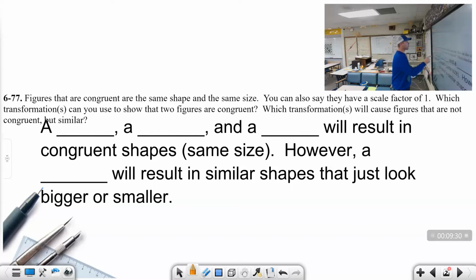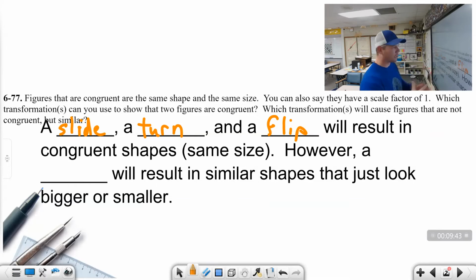This is where we had 2 weeks, right? The first week we focused on a slide, a turn, and a flip. Now those have 8th grade words associated with them, but we'll use these words, and those will all result in congruent shapes. Same size, same shape.